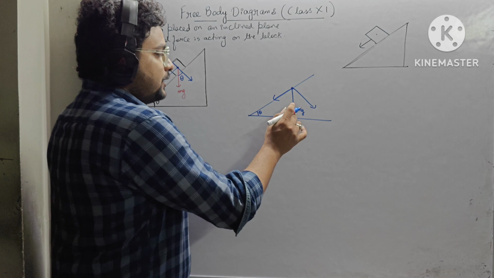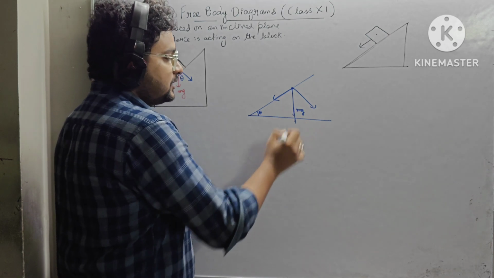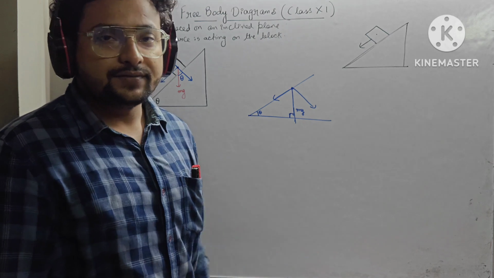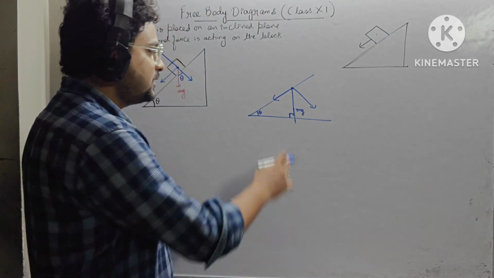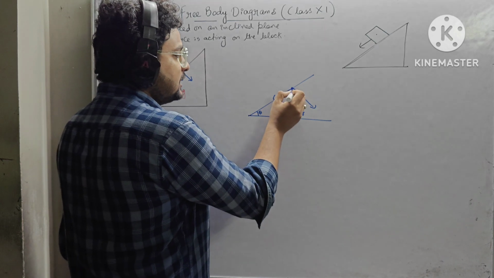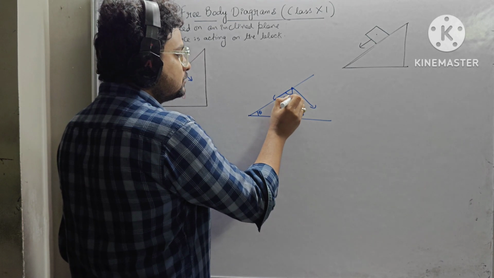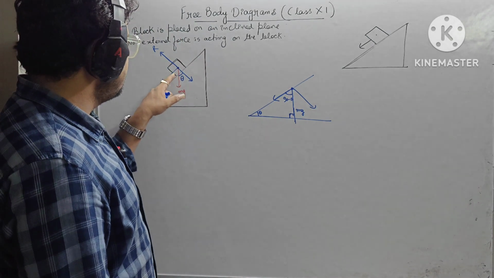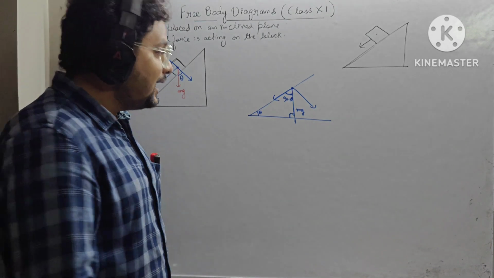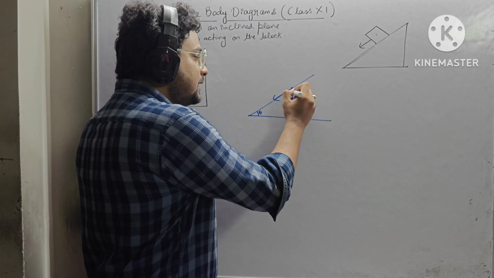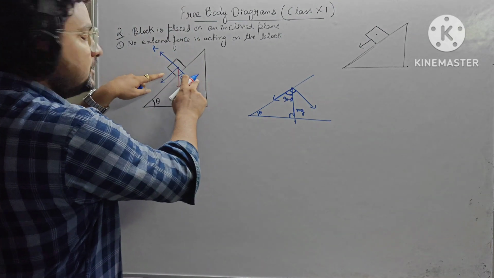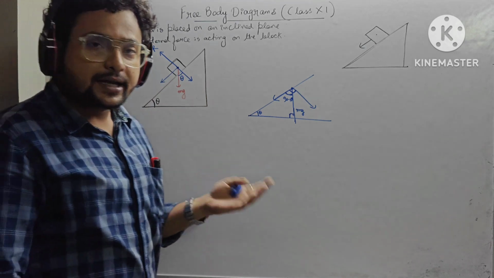Now you see, if I draw this particular straight line, this is theta, and this angle is 90 degrees, because mg always acts vertically downwards. So this is 90, this is theta, so this angle will be 90 minus theta. And we know the vertical and horizontal components are at 90 degrees with each other.